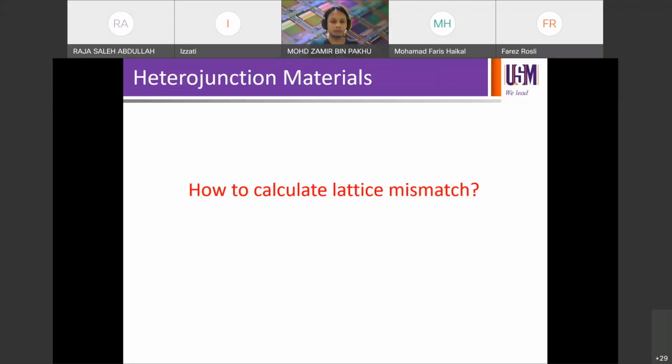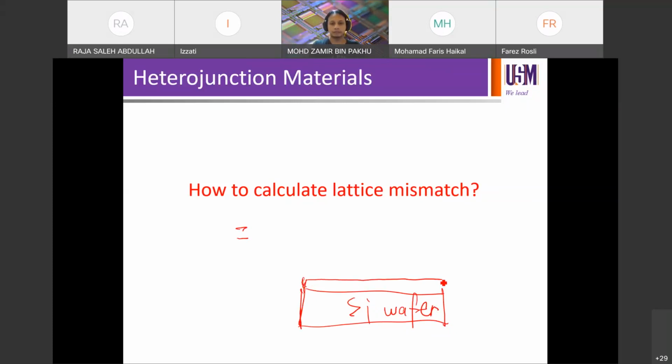Is calculate mismatch. Mismatch is, say, to relate to the physical situation here, say if you have silicon wafer, okay, then you want to grow germanium, for example, germanium on silicon. Say you are growing germanium, but it has to be an epi layer.